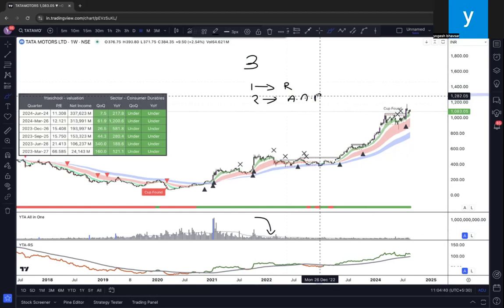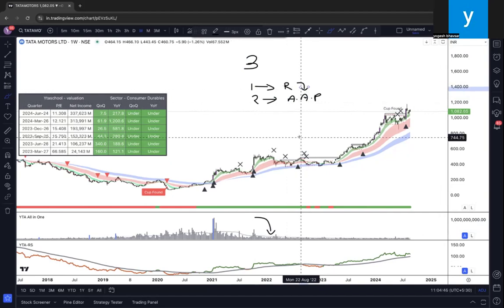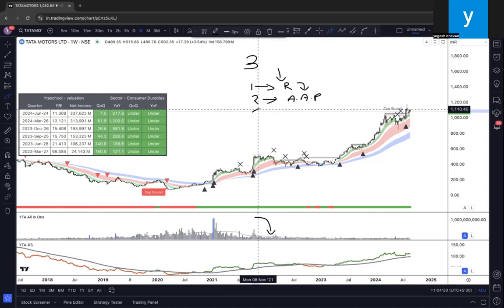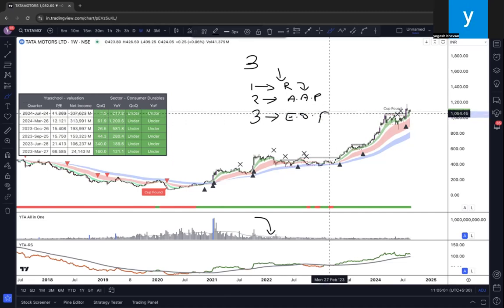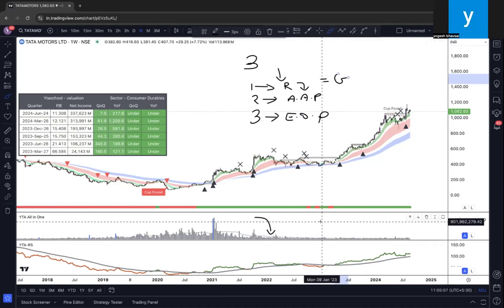What does this mean? Above average participants have higher capacity of funds than retail traders. And the third category is extraordinary participation.